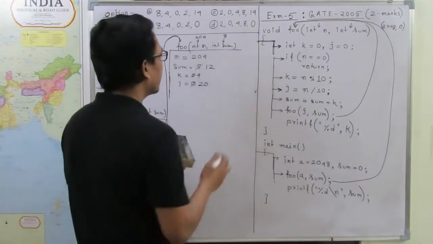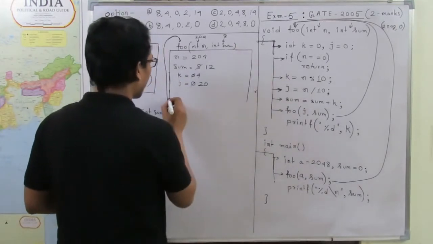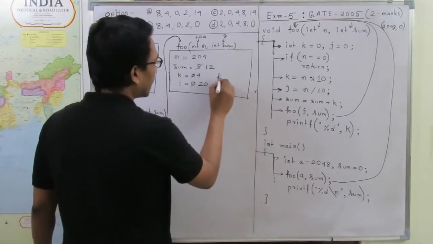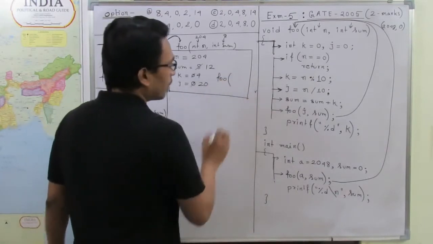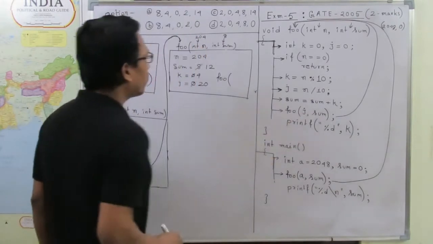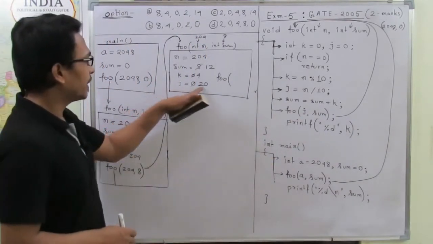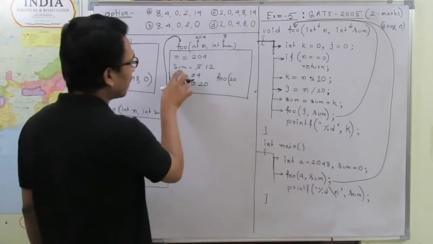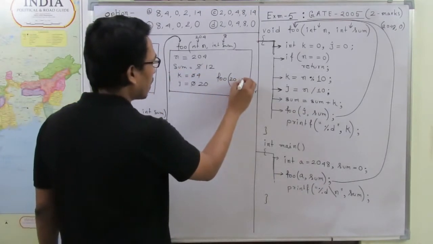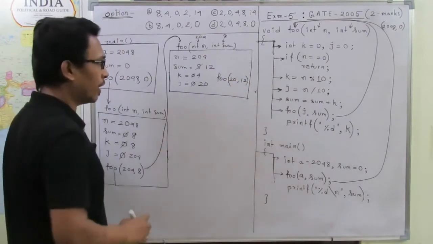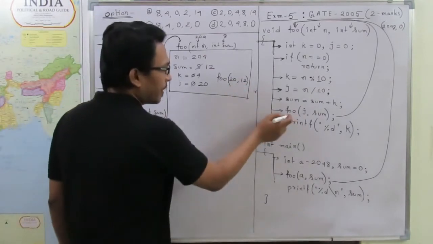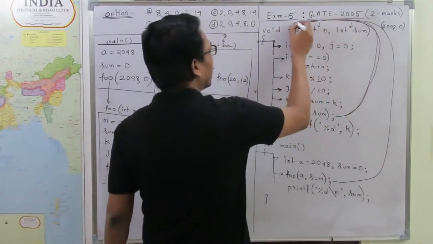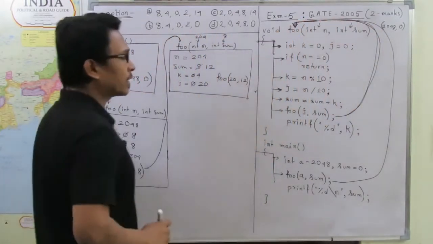Now I am writing it here. The foo function is again called with parameters j and sum. What is the value of j? The value of j is 20. And what is the value of sum? The value of sum is 12. That means the two arguments are 20 and 12. So from here the control of program execution comes out and re-enters the foo function.